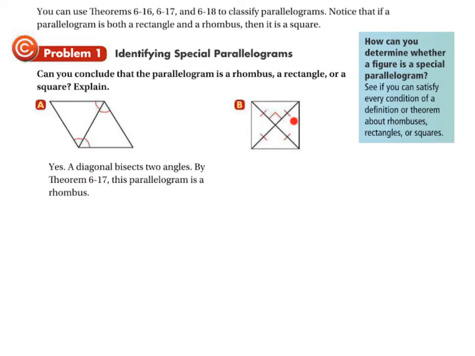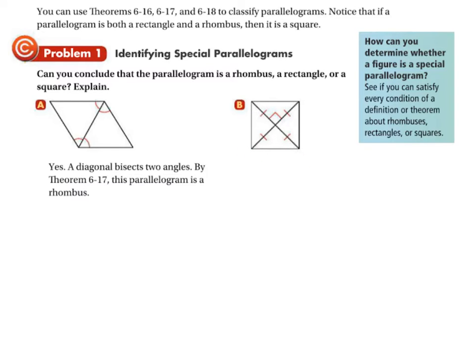Okay, what about here? Well, we see that this has diagonals that are congruent because in all parallelograms the diagonals bisect each other, but we have equal amounts here and here and here and here, which means that the diagonals must be the same length. What kind of figure has diagonals the same length? A rectangle does.